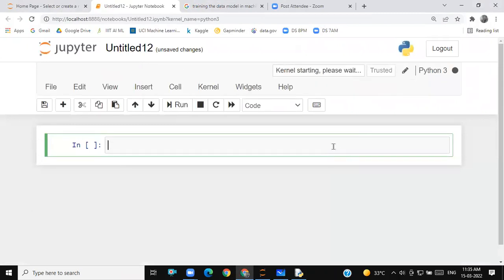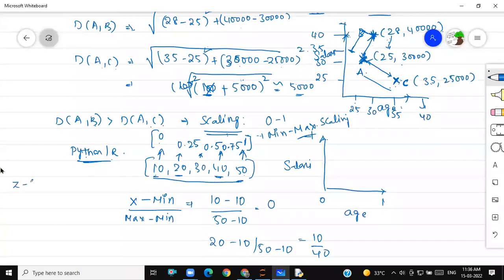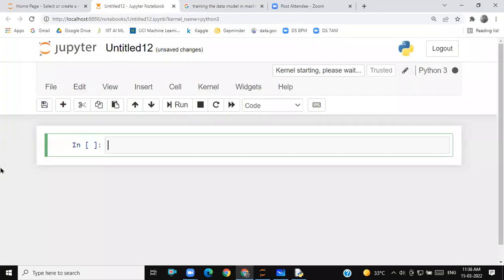Once you know why we are doing min-max scaling, what the necessity of min-max scaling is, and what the different types of scaling techniques are, such as Z-score normalization, which is also called normalization or scaling, then don't worry.